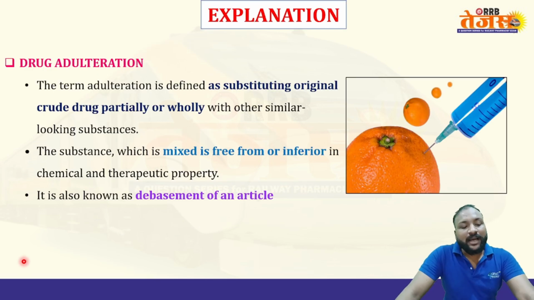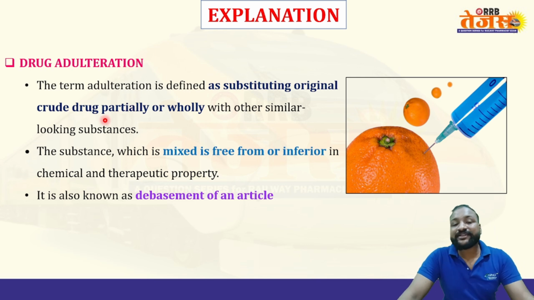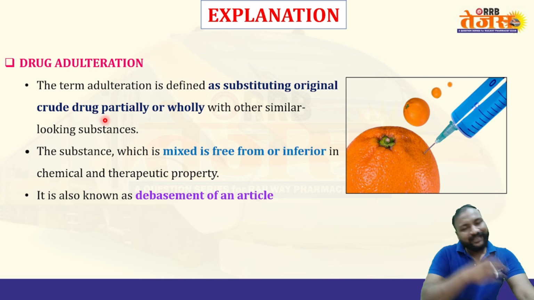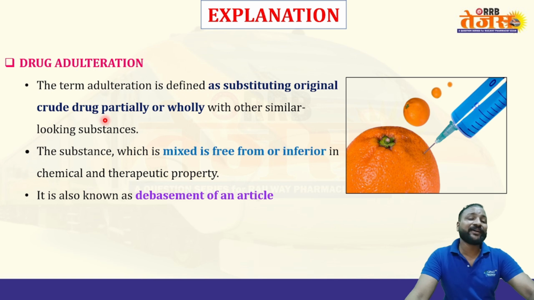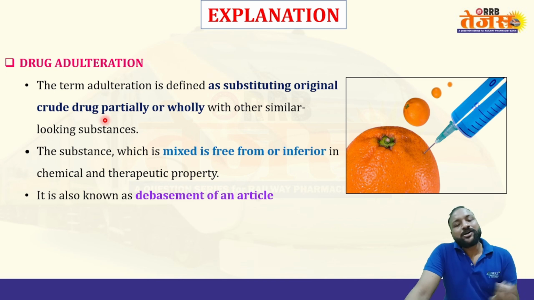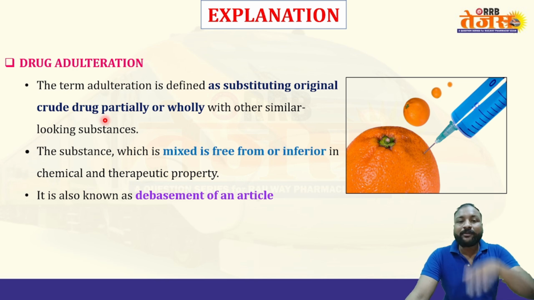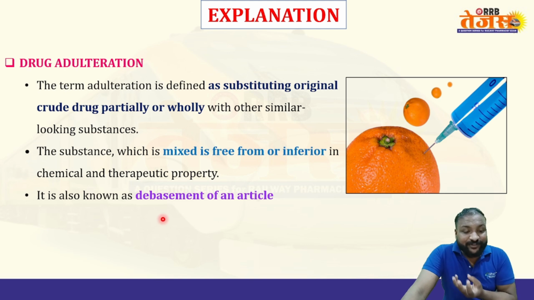The term adulteration is defined as substituting the original crude drug, partially or wholly, with similar looking substances. Either the substituent or the adulterant may or may not have therapeutic value.